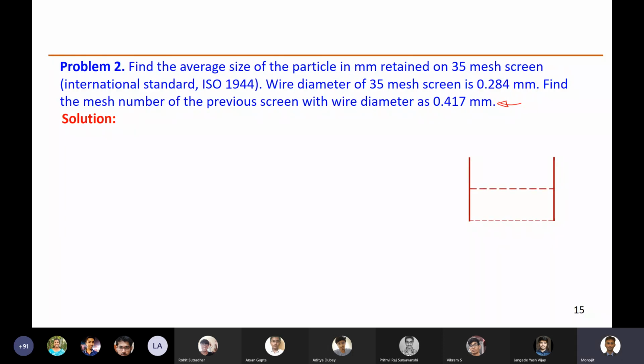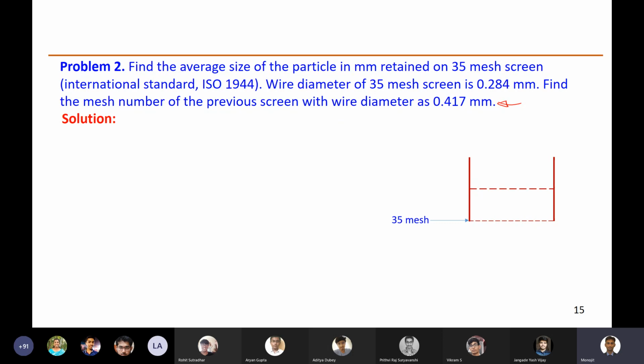Let me pictorially show you the problem. So these are the two screens, right? So for one screen we need to find out the aperture, and for one screen we need to find out the mesh number, and for another screen the mesh number we know. First, we find out the average particle retained on that specific screen.